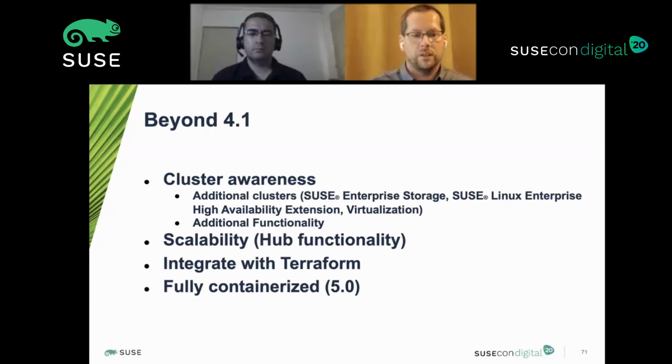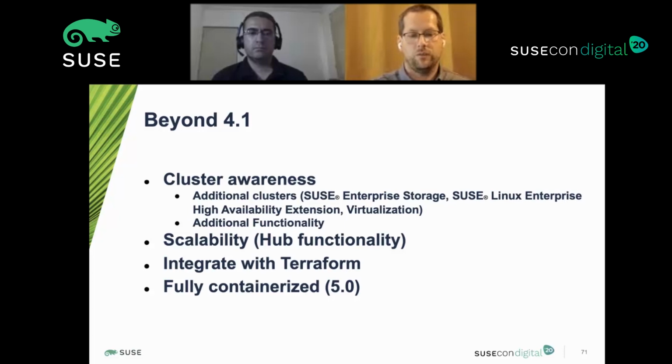Beyond 4.1, cluster awareness, as I said, is extended for enterprise storage and for SAP HA, based on the work that we've done and that we've just presented in this talk. We are looking into a multi-stage architecture with a so-called SUSE Manager Hub that can combine data from many SUSE Manager servers.